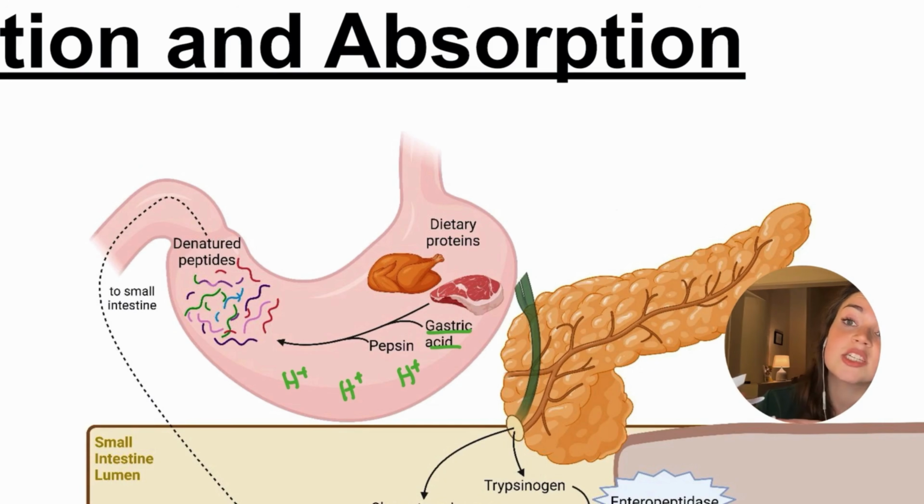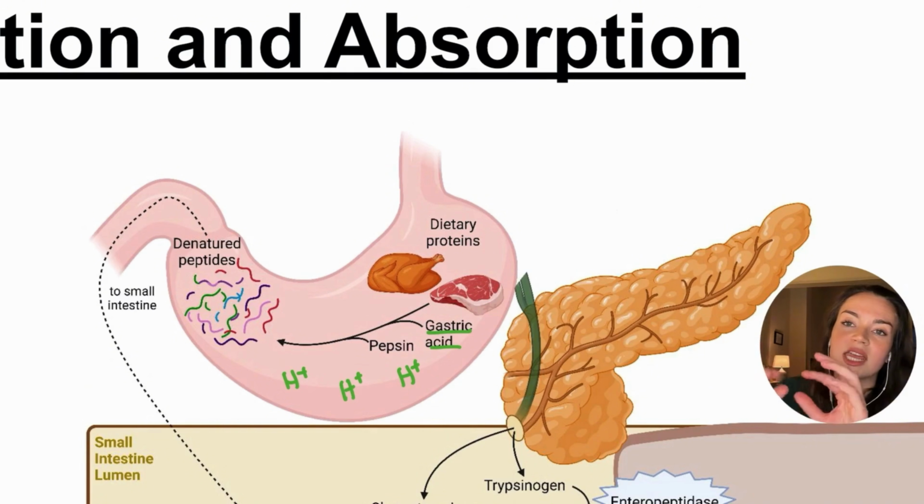The gastric acid is going to facilitate the denaturation of that protein, getting rid of the secondary, tertiary, and quaternary structure, just leaving you with the amino acid chain. So it'll unfold and untangle the protein and leave it as a linear chain of amino acids.